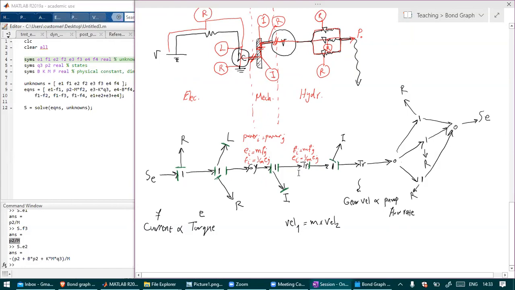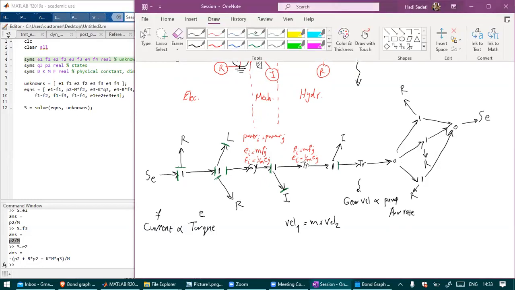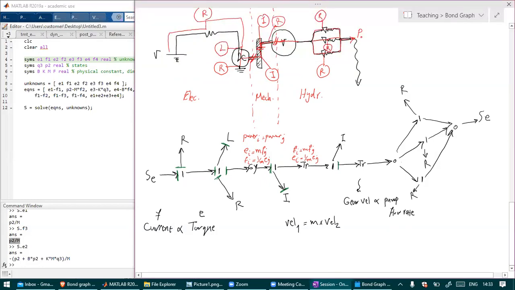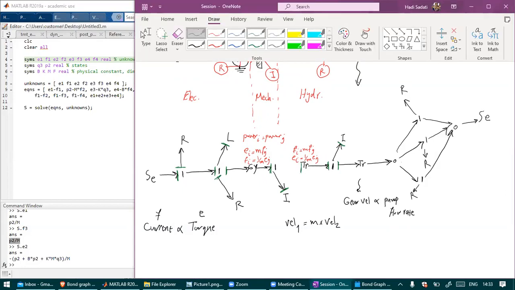But maybe we can assume, so if I say the causality is here, it defines the flow here, and then we have to do something with this.